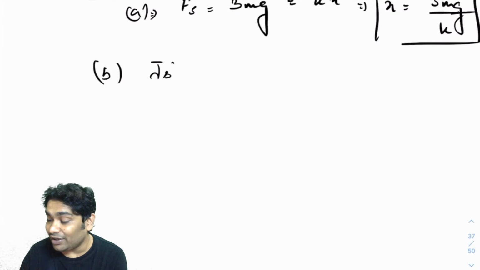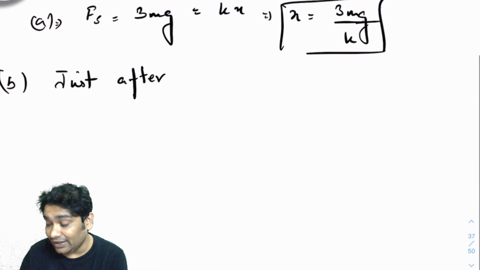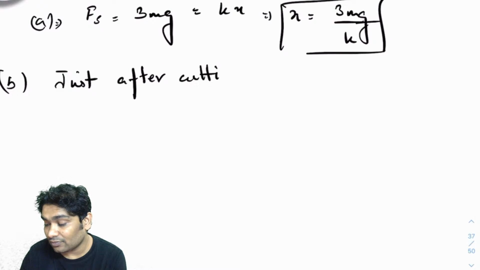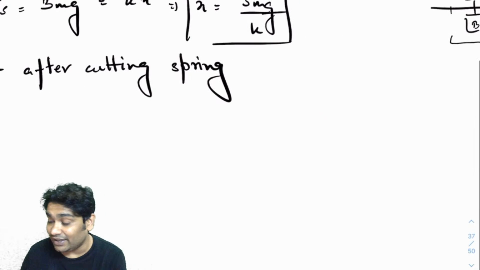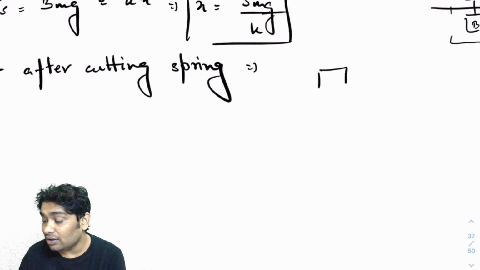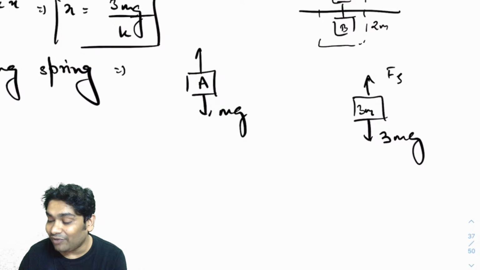That is why I wanted to discuss this problem. Now please remember, spring force never changes its value instantaneously. So what do you see happening to A? A is feeling a downward force of mg. It is feeling an upward force of spring force, which will still be equal to 3mg.